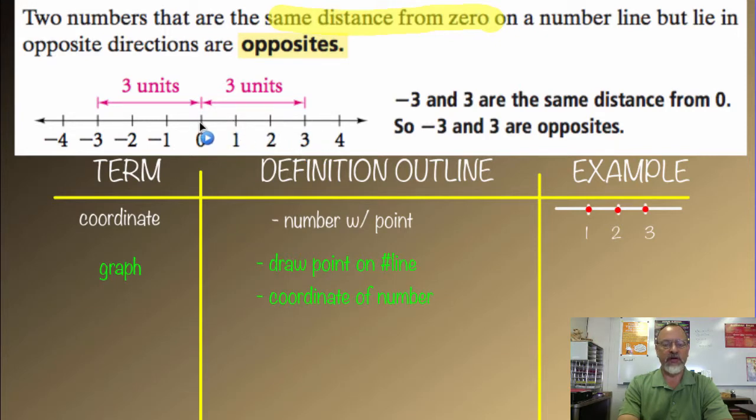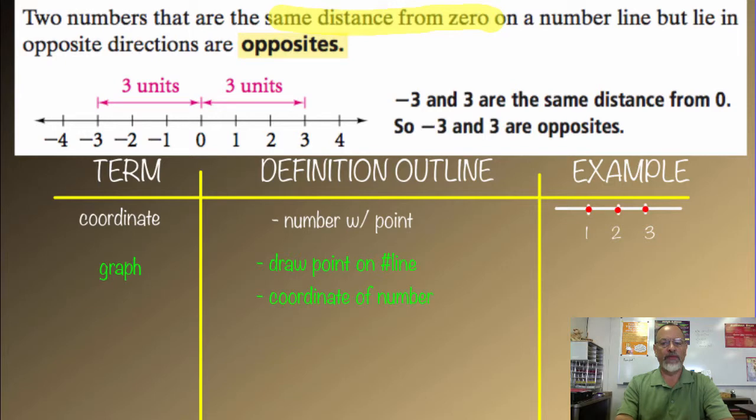Well, if I start at 0 and I go to the right 3 units, I end up at 3. Now, if I go back to 0 and I go the exact same distance to the left, I end at negative 3. So two numbers are considered opposite on the number line if their distance from 0 is the same. The only difference is one is to the right and one is to the left.